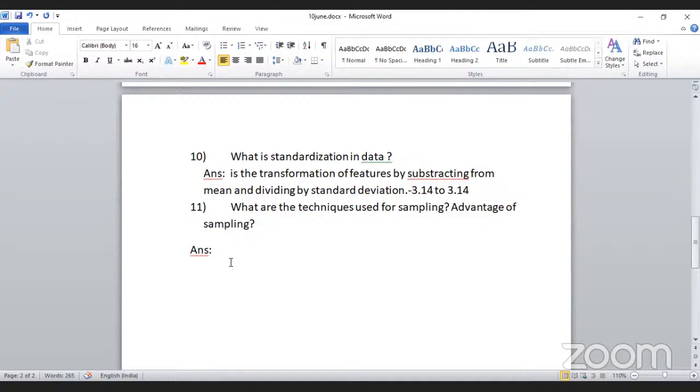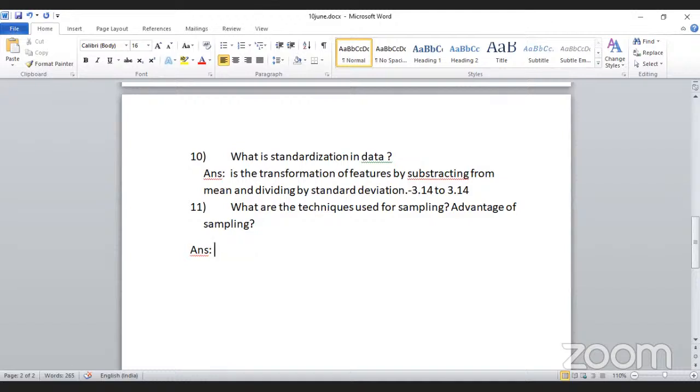What are the techniques used for sampling? There are two types of sampling techniques.